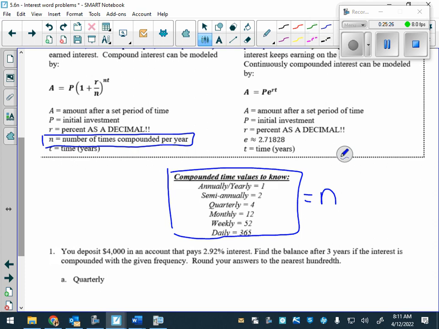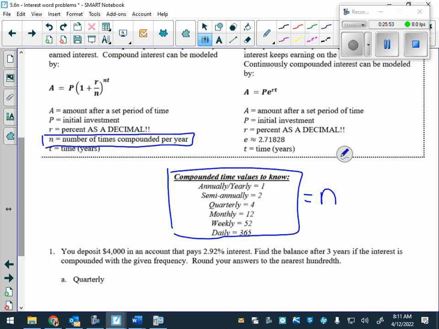Then if you have something called compound continuously, you're using something called the PERT formula. We will be using e, which is strictly in our calculator. It is an irrational number. If you look at your calculator and press second ln, which is below the log key, it gives you e to the exponent. That's the tool we're going to use.